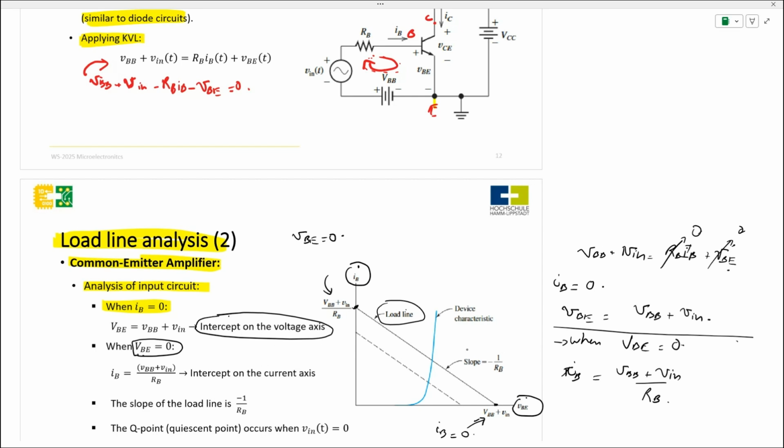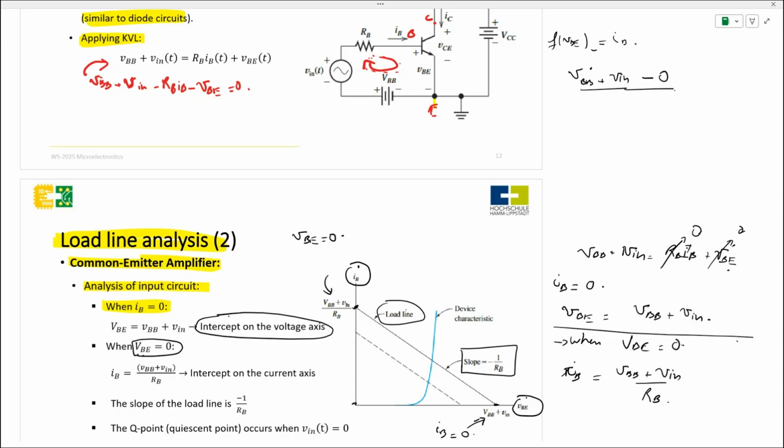Based on this, the slope is -1 over RB. I know you could be unfamiliar with it, but look: if we took this as f, the function of VBE equals IB, when we have this point minus this point, on the axis we have VBB plus Vin over, minus 0.